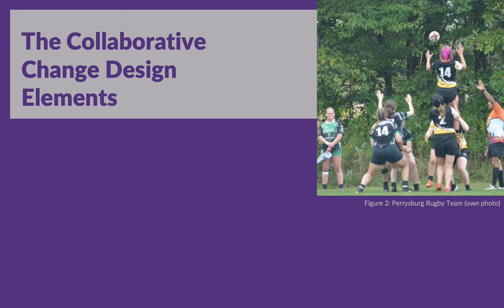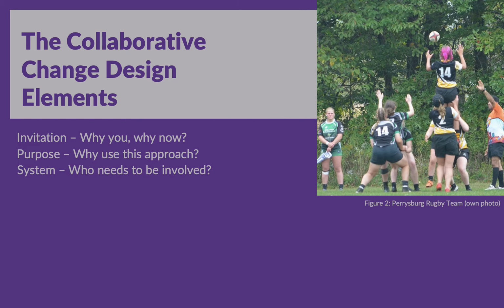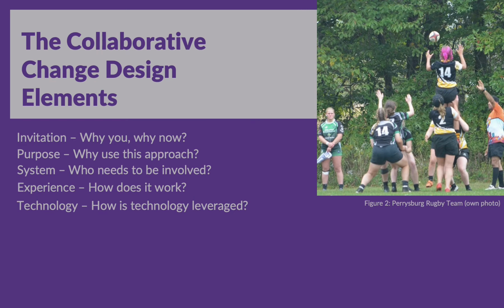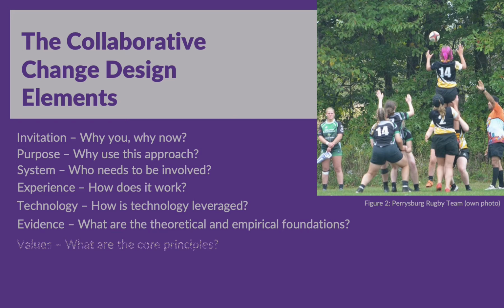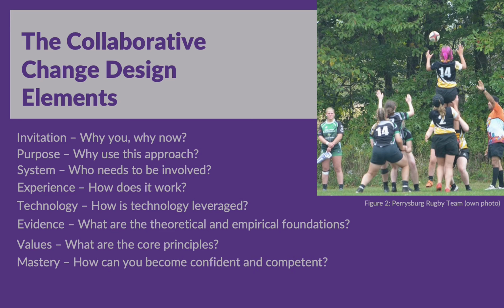Within the 11 collaborative change methods and many others, there are 8 design elements that were identified: invitation, purpose, system, experience, technology, evidence, values, and mastery. My process was simple.